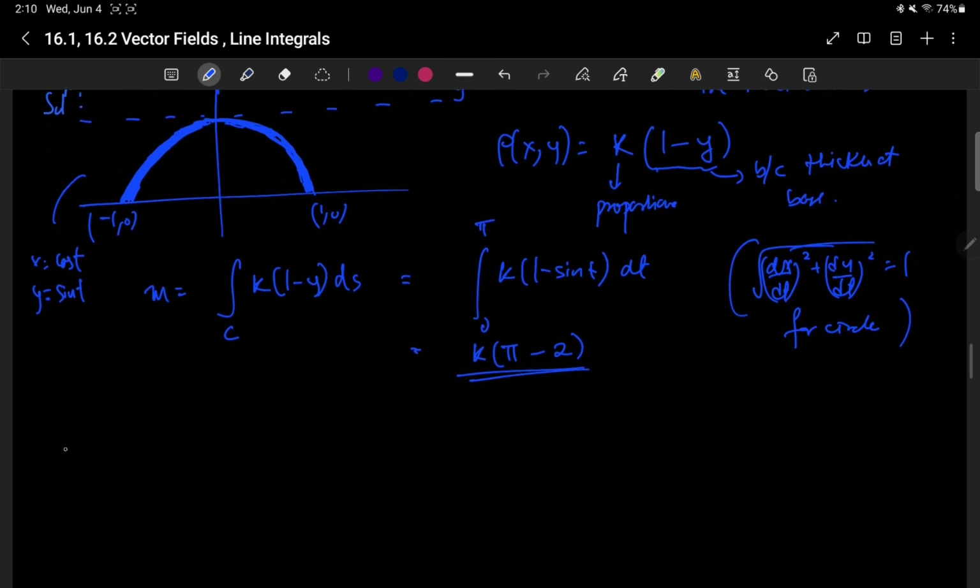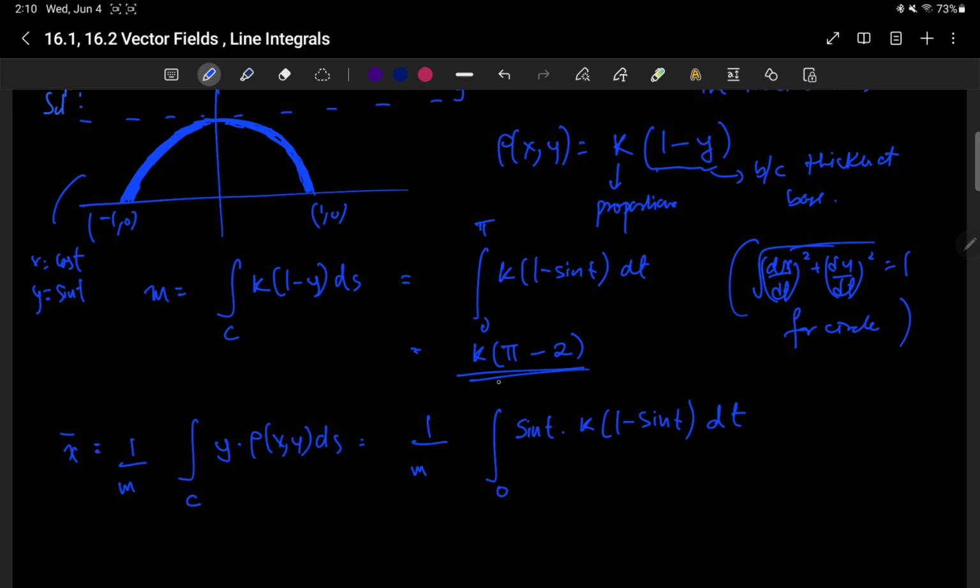Now for the center of mass, for y bar, it's 1 over m times the line integral of y times the density function. So it's going to be 1 over m times the integral of y times k times 1 minus y, so y is now sine t, times the density function, which is k times 1 minus sine t, dt, going from 0 to pi.